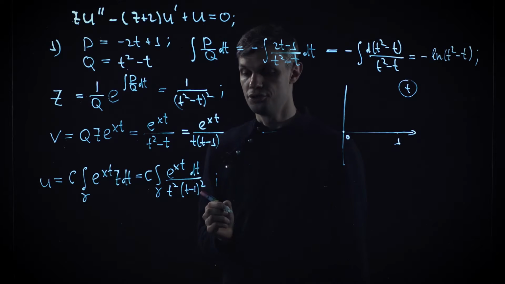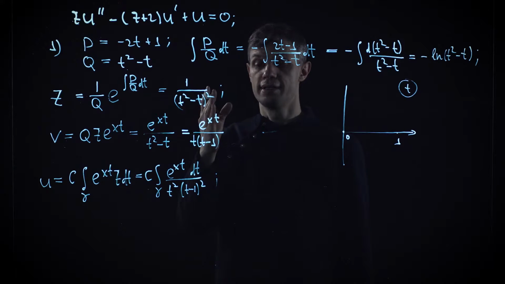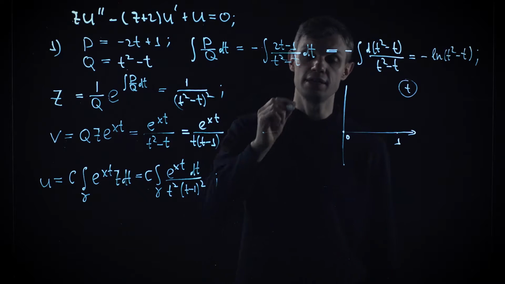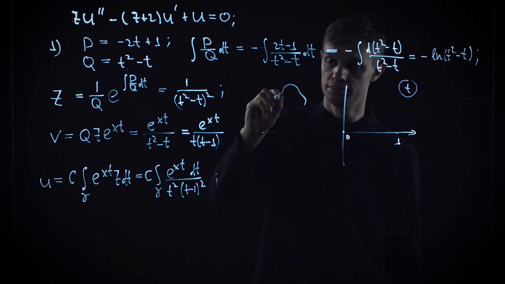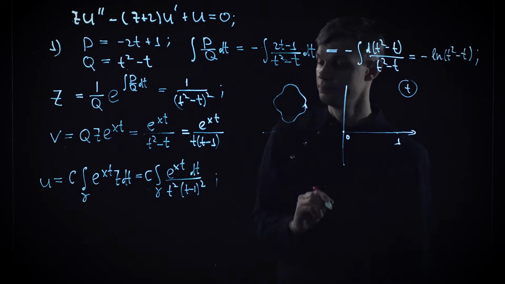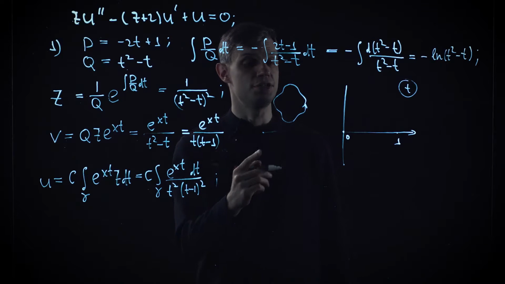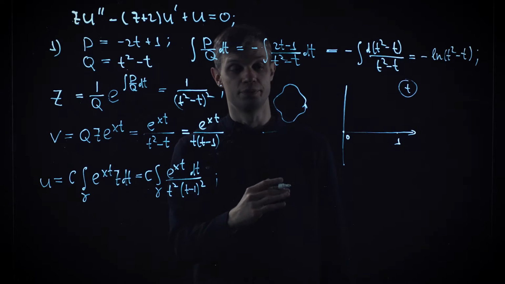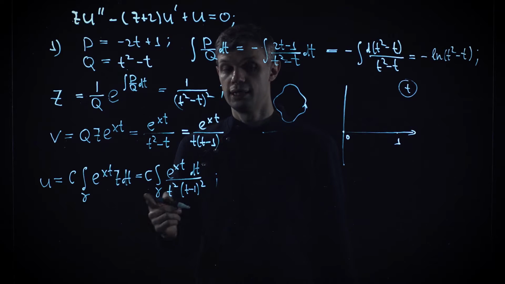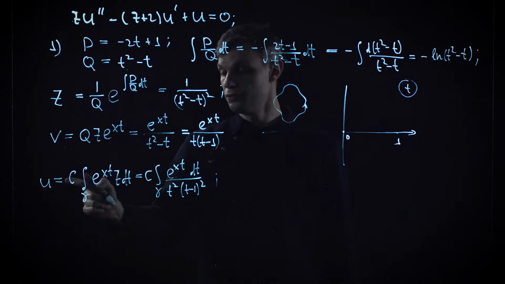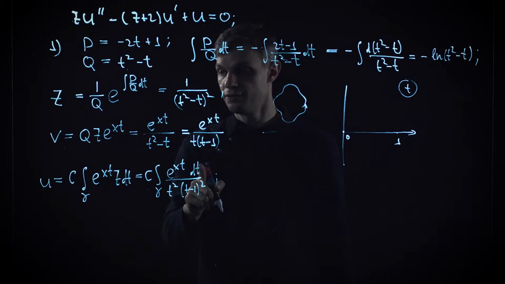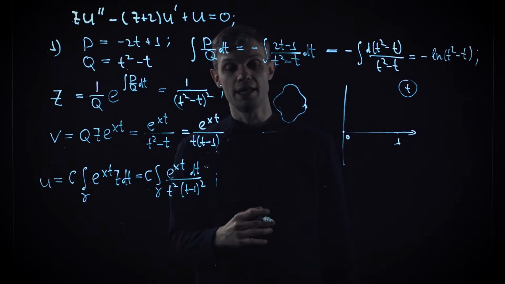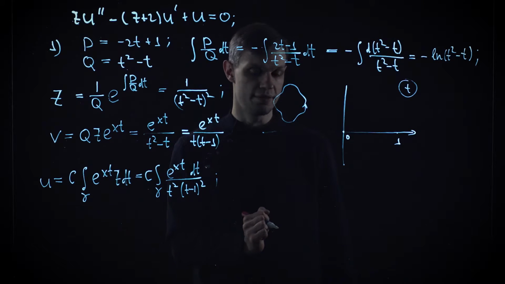So what would be the possible choice of the contour? Since v is a single-valued function, any closed contour will do. But the problem is that, for example, if we choose this closed contour arbitrarily, then you see that the u function, the integrand which defines the u function, namely the z function, doesn't contain any singularities inside this contour.